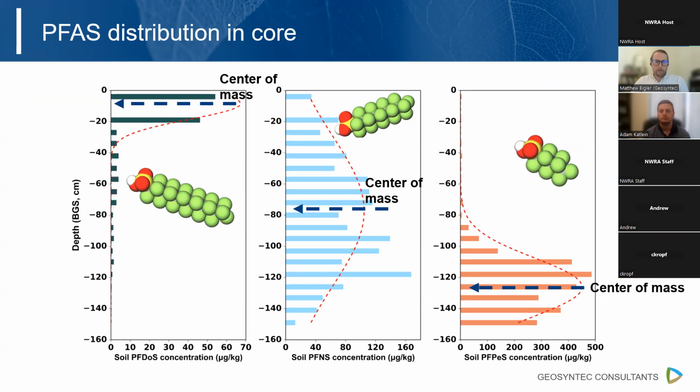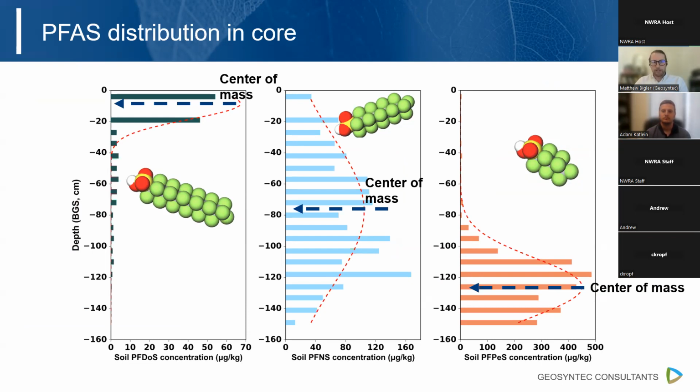So in 50 plus years of transport, this PFDoS has really not moved from the surface of our system. Whereas something smaller like our PFNS that has a smaller molar volume has moved throughout the core and is distributed broadly, but has a center of mass around 80 centimeters below ground.